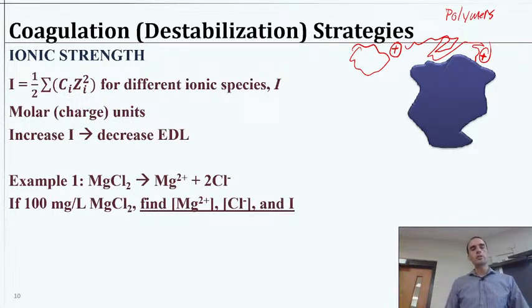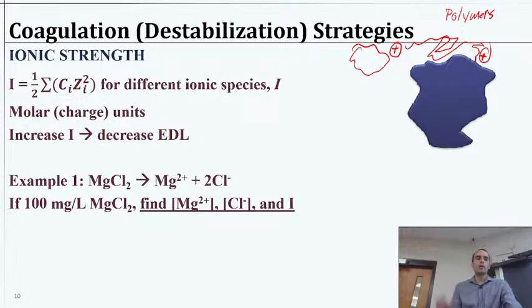So our definition here for ionic strength is that it's equal to 1/2 times the sum of each concentration of a charged species times its particular charge squared. So a negative charge becomes positive with a square, so we don't have to worry about that. So we'll work this one together, and I'll give you another one as practice in a moment.